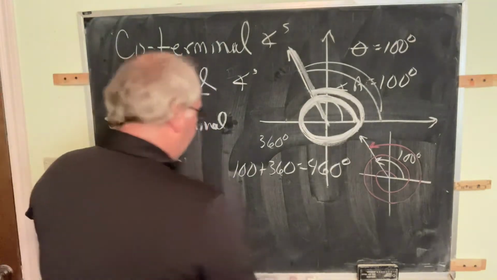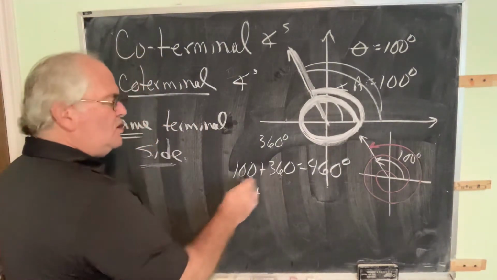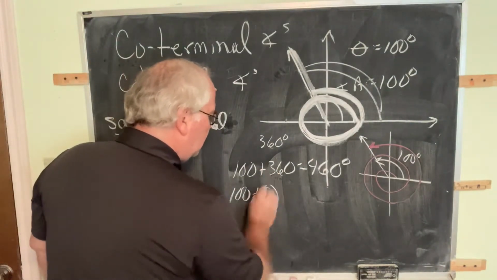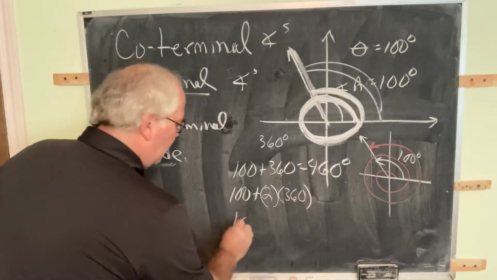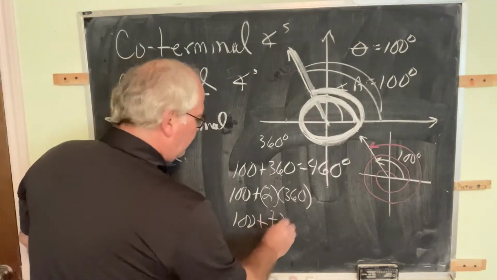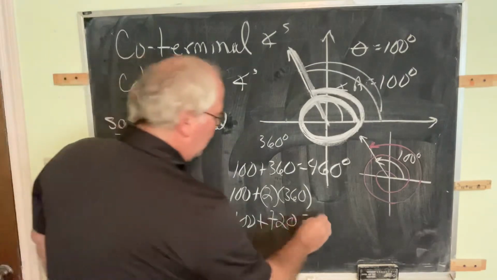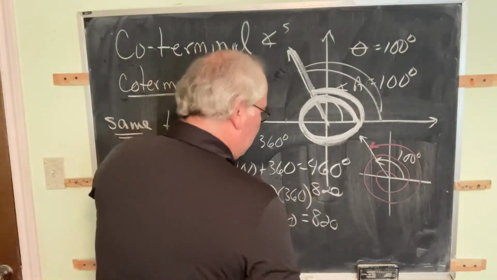That would be 2 times 360, which is 720, plus 100, for a grand total of 820. So 460, 820.